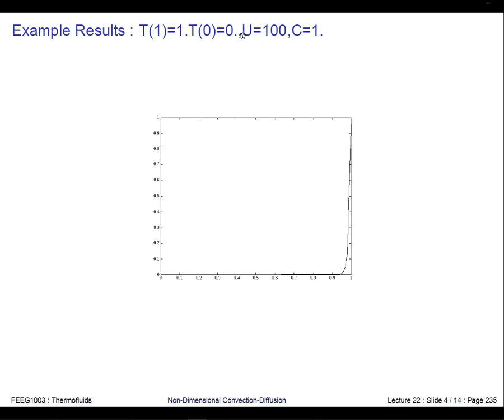So here we look and we see that we've made the convective power or flow of energy much stronger. So in this case you can see that almost all of the fluid in the domain that we're interested in, between x equals 0 and x equals 1, is effectively the temperature of the fluid at the convective boundary, so this one here.